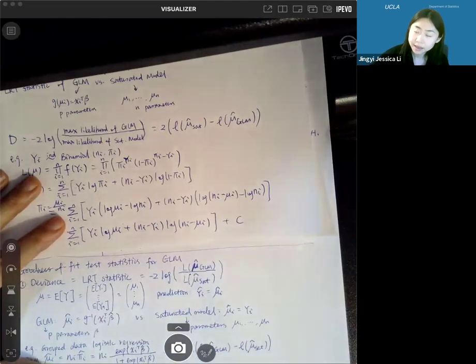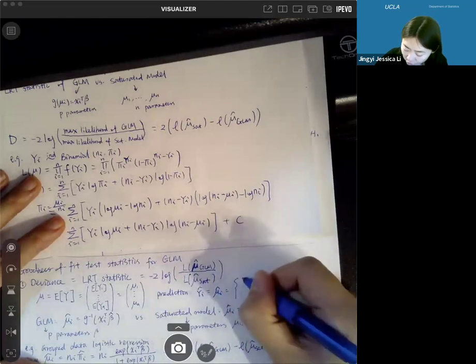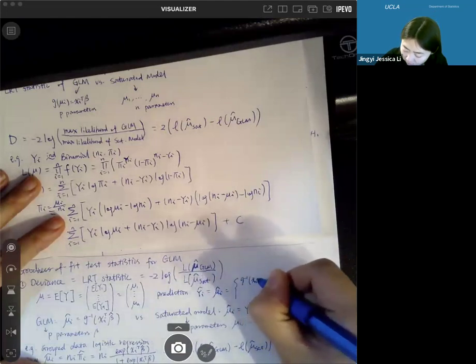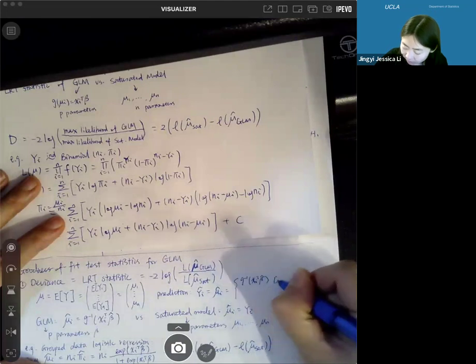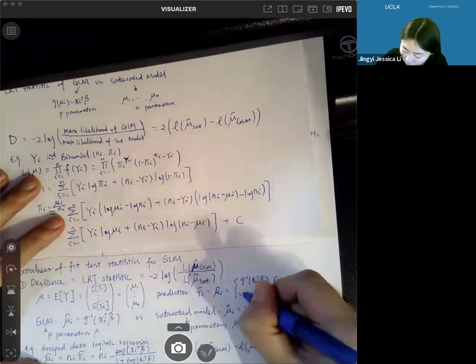Depending on how you get the mu i hat, if it's the GLM, then it's just g inverse of xi transpose beta hat. If it's the saturated model, you would use yi.